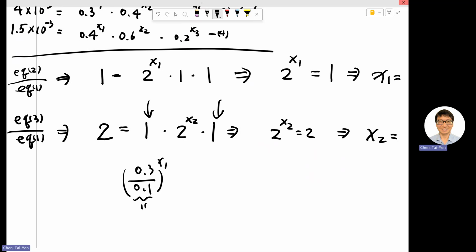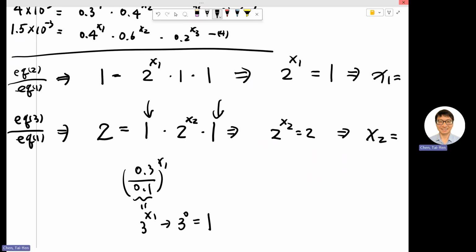And this term is 3 to the x1 power, right? And we know x1 is equal to 0. Therefore, this is going to give you a value of 1. Okay, I hope, yeah, it's good though. If you don't understand anything, just ask, okay?